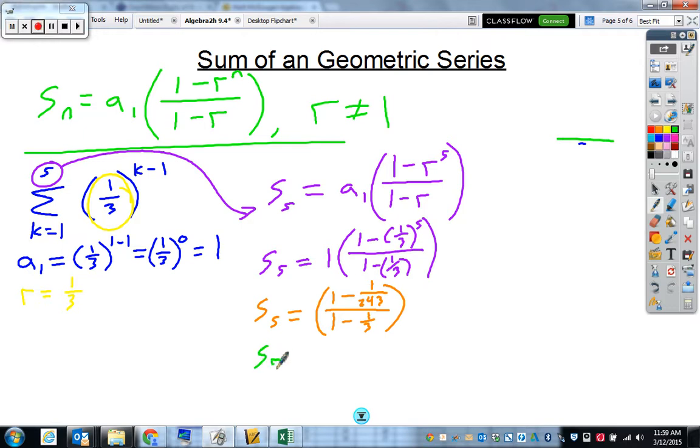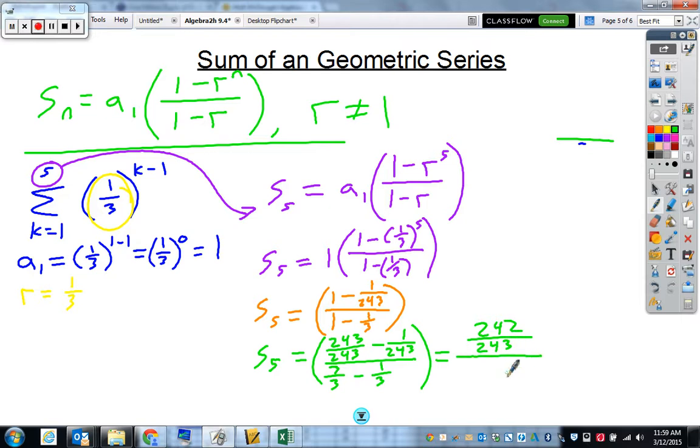So s sub 5 equals 243 over 243 minus 1 over 243, and this will be 3 over 3 minus 1 over 3. 243 over 243 minus 1 over 243 is 242 over 243, all over, well, 3 minus 1 is 2 over 3.